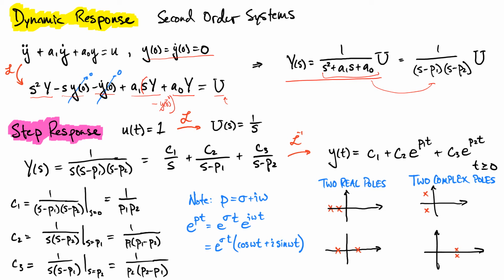And so there's a variety of different ways in which you could get these poles. Whenever you get complex poles, remember they come as complex conjugate pairs. So the real part is the same and the imaginary part is opposite sign. So it's plus or minus i omega.